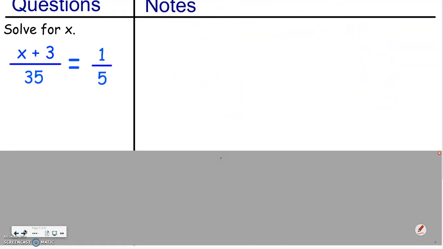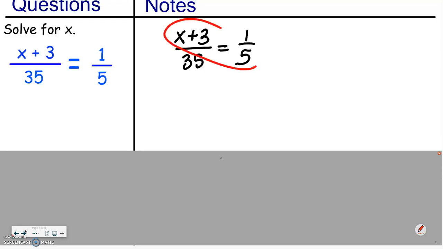Our next proportion, hopefully you can try this one on your own now. Looks like this. Cross products. So the first one, 5 times x plus 3. And then on the other side, 1 times 35.